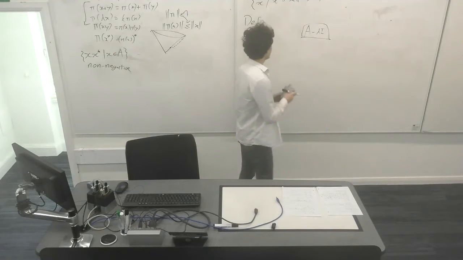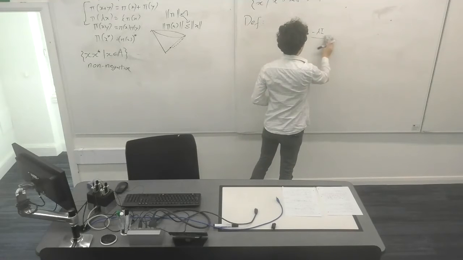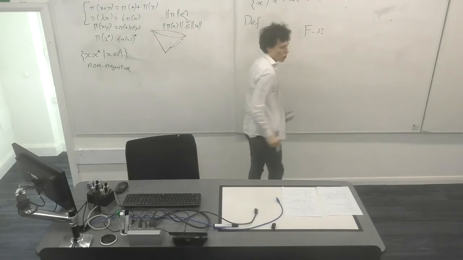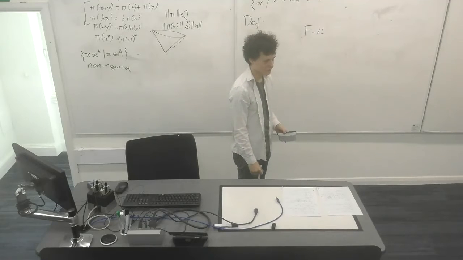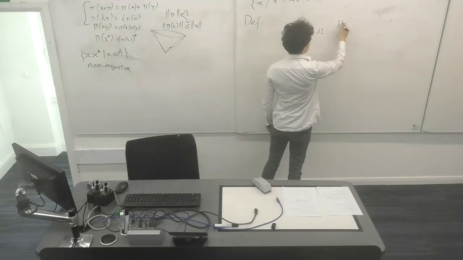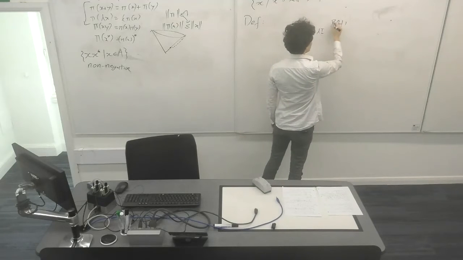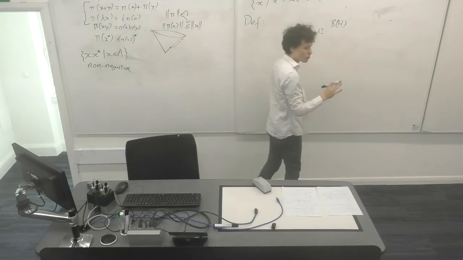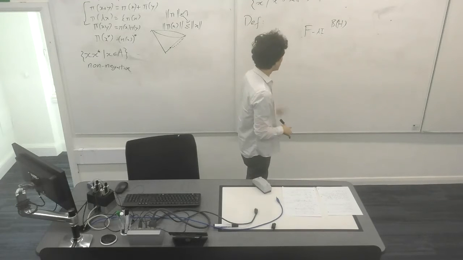We're going to do something fun, and we're going to replace A with an arbitrary operator. This is the identity operator on H. We're going to work with B(H). We can work with general linear operators, but this will be B(H).